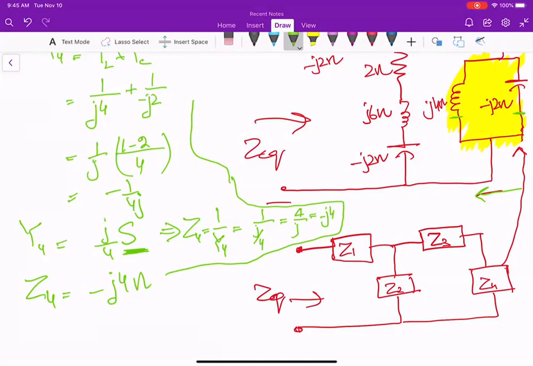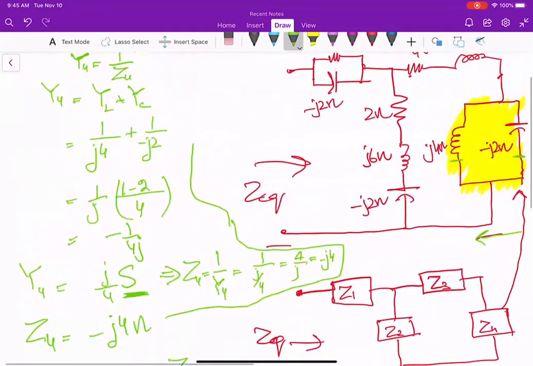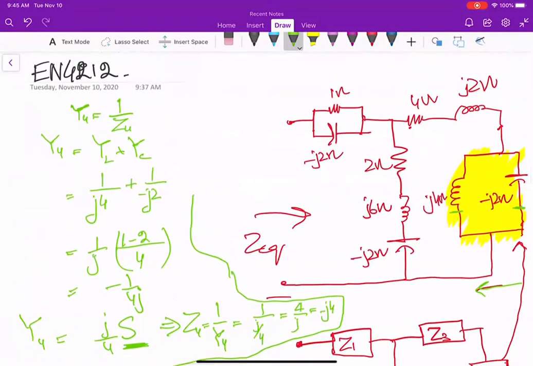Now, whenever you see a parallel component, you will convert it into admittance, and whenever you see a series component, you will solve it in impedance. So let's now find Z3 plus Z4, because we are adding them up. Can you tell me what is Z3?